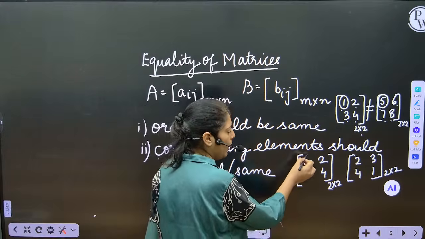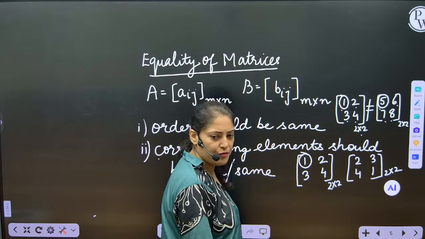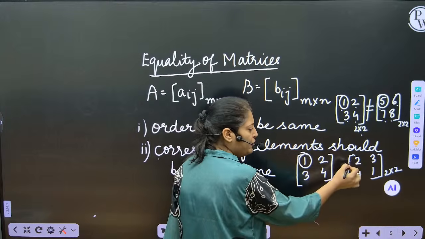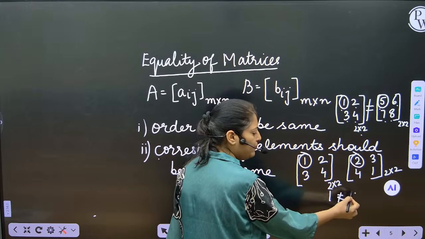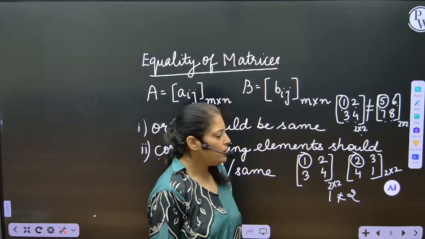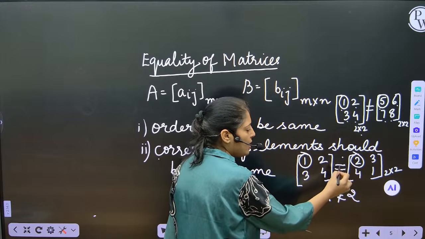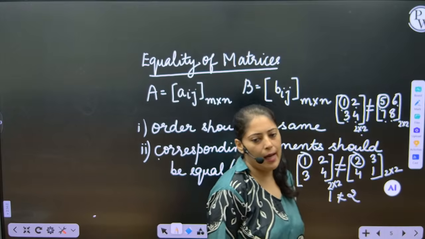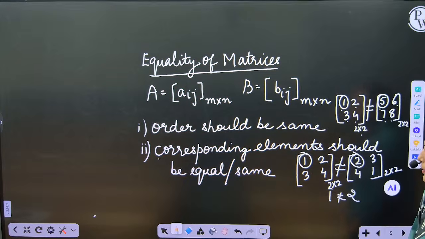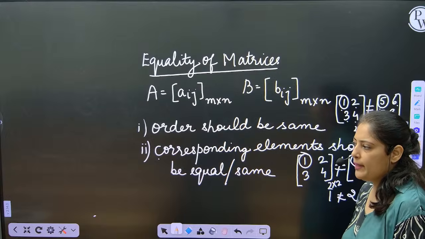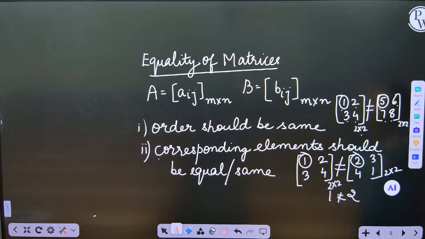Corresponding means first row, first column with first row, first column. 1 is not equal to 2. So again, these two matrices are not equal. Simple. I hope I'm clear till this part. Just have a look, we'll proceed.